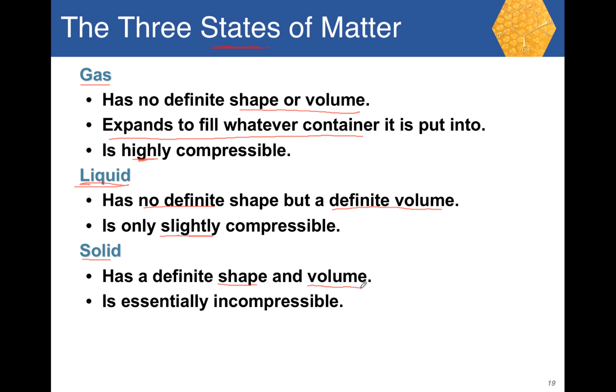So you can measure the volume as we did in the previous lecture, by multiplying the sides of the cube to get the volume. It is essentially incompressible. So if you really squeeze on ice, you will not change the volume or the shape.